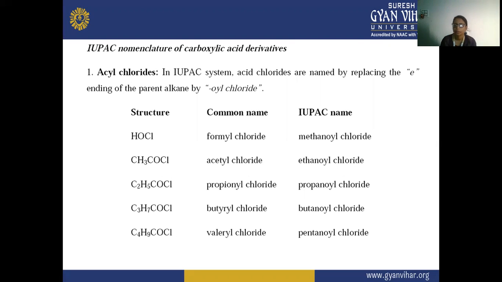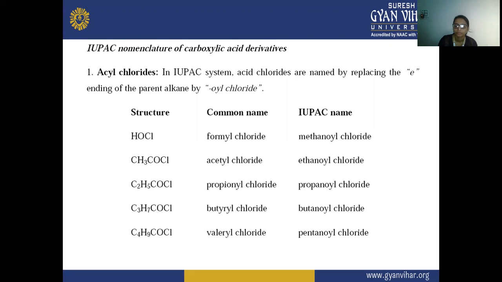So the C2H5COCl has 3 carbon atoms, and its name is propionyl chloride, and the IUPAC name is propanoyl chloride. In C3H7COCl, its common name is butyryl chloride, and the IUPAC name is butanoyl chloride. And in C4H9COCl, its name is valeryl chloride, and the IUPAC name is pentanoyl chloride.